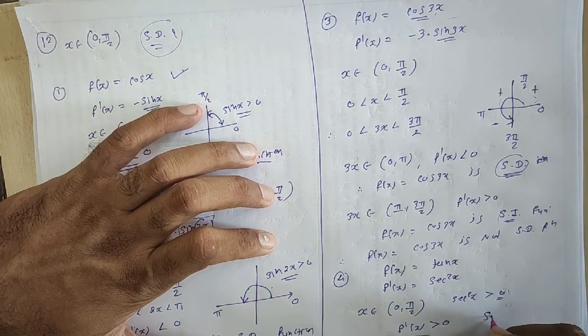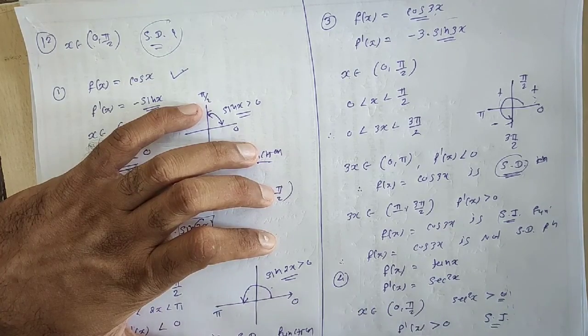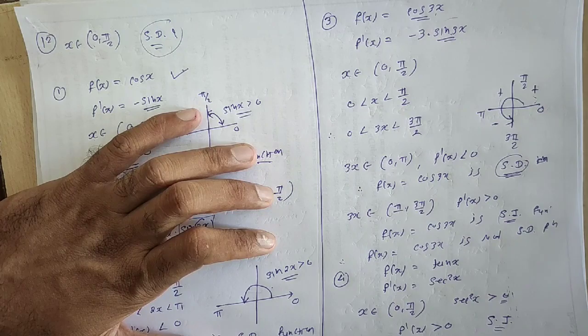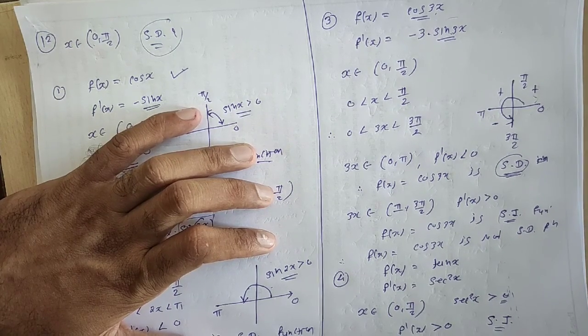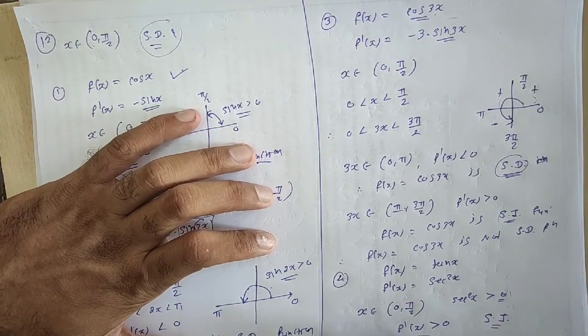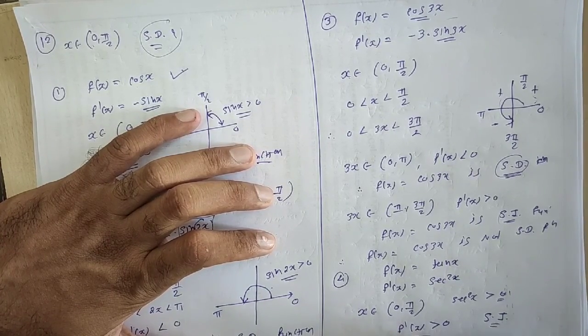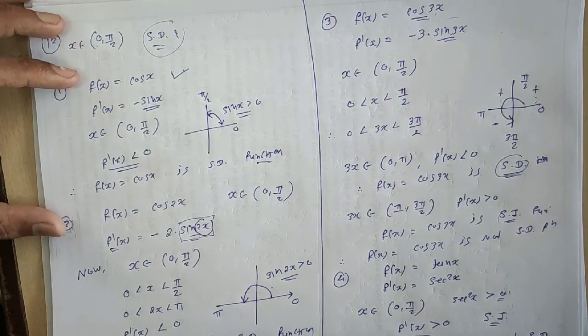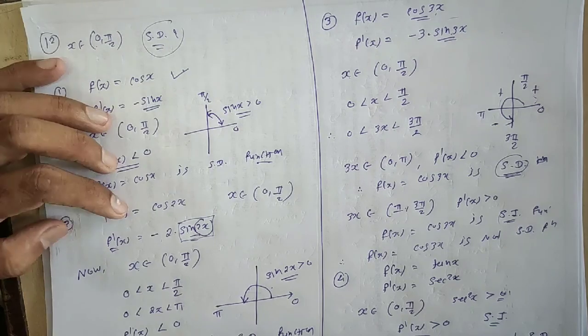So it's a strictly increasing function. You have to check whether it is strictly decreasing function, so we can say that f of x equal to tan x is not strictly decreasing function. So this is the solution of question number 12.